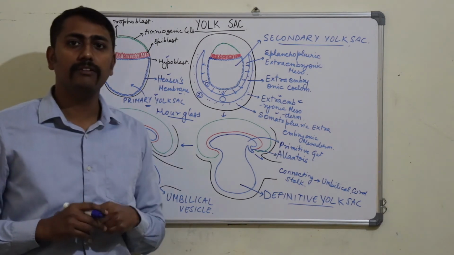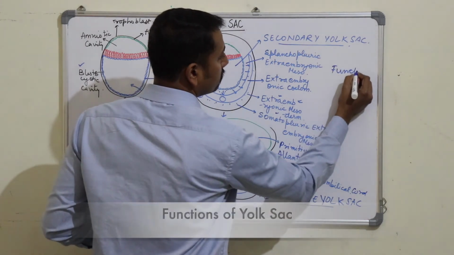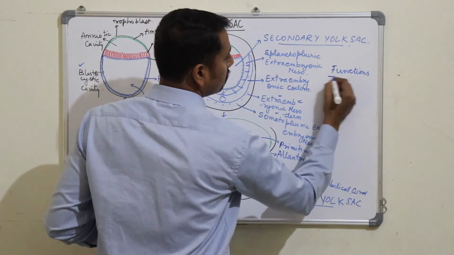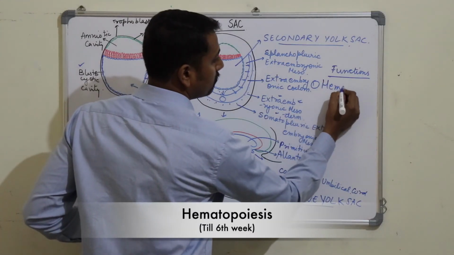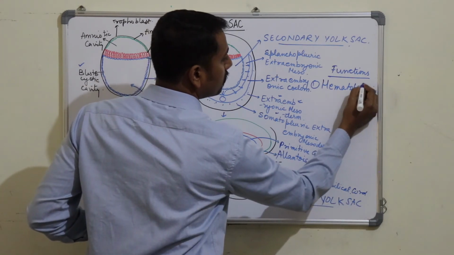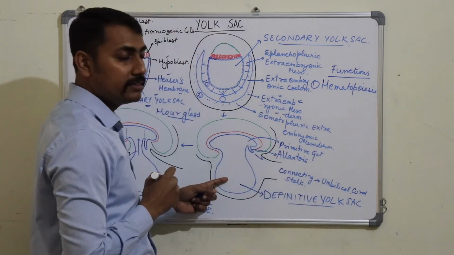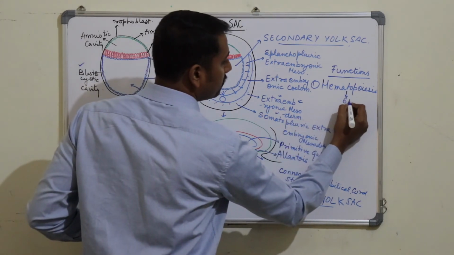Okay. Now the functions of the yolk sac. First is the hematopoiesis. The yolk sac will form blood cells till 6th week of development.